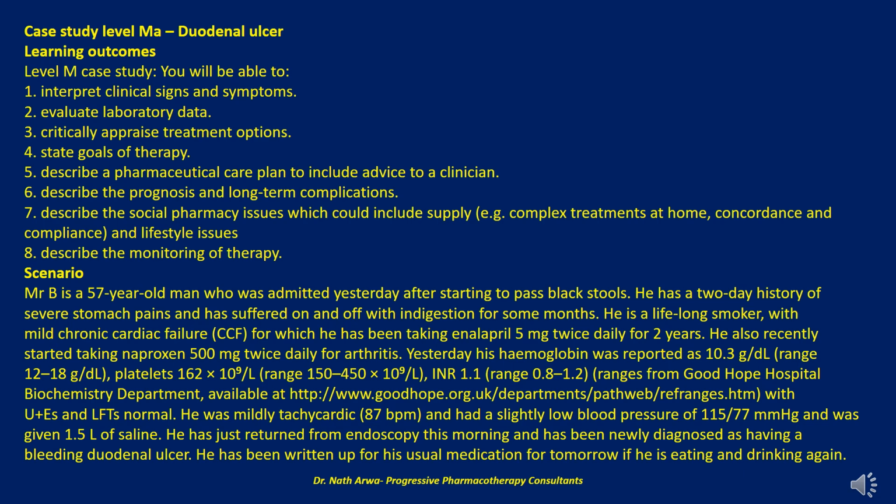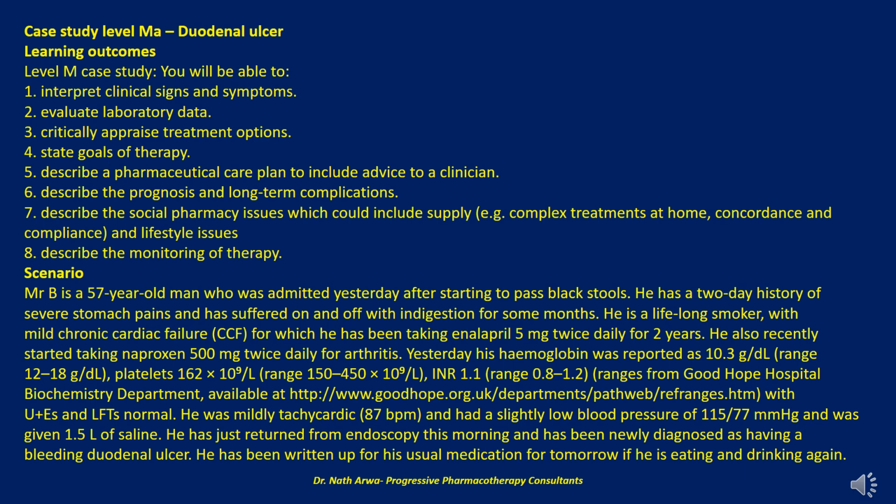The normal range is from 0.8 to 1.2. These ranges are from Good Hope Hospital Biochemistry Department, available at http://www.goodhope.org.uk/departments/pathweb/refranges.htm with U&Es and LFTs normal.